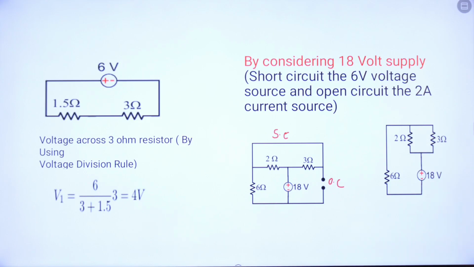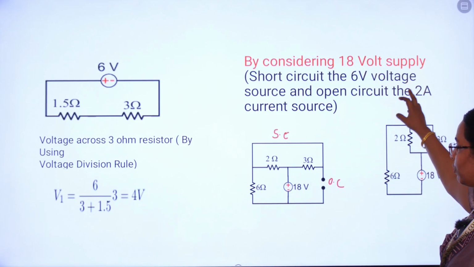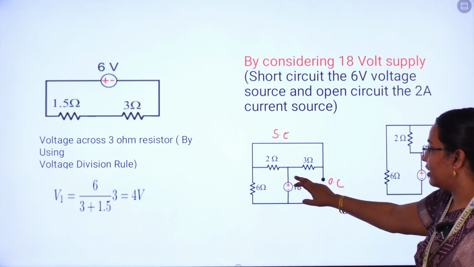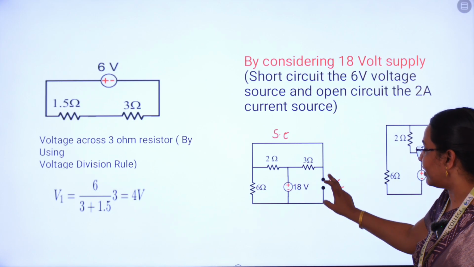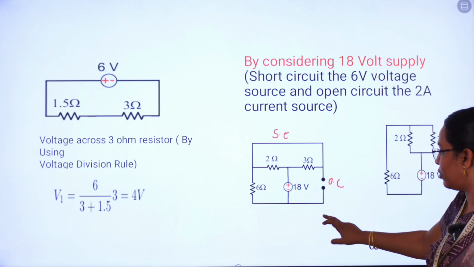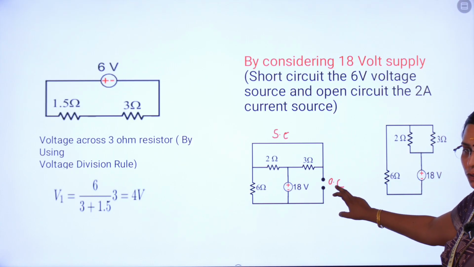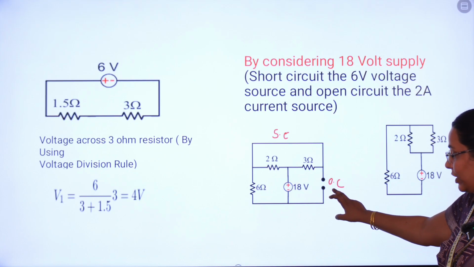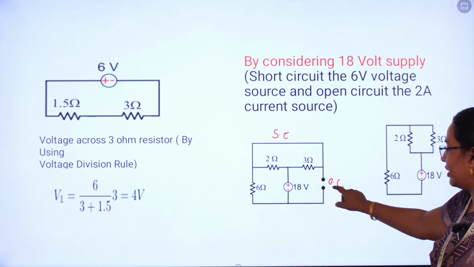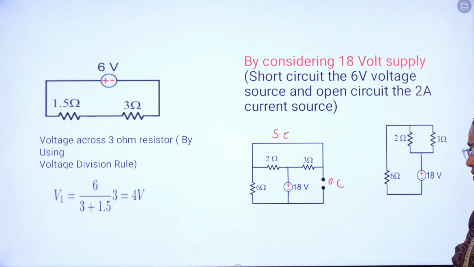Next, consider the 18 volt supply and deactivate the other two sources. One is the 6 volt voltage source, and the other is the 2 amp current source. So the 6 volt source is short circuited and the 2 amp source is open circuited.